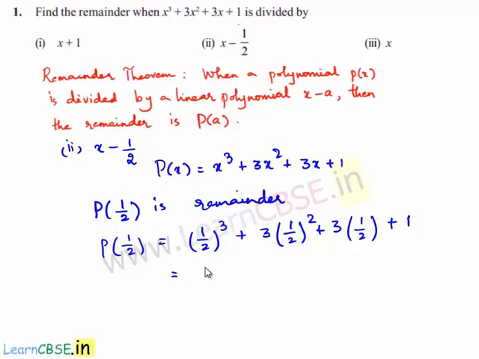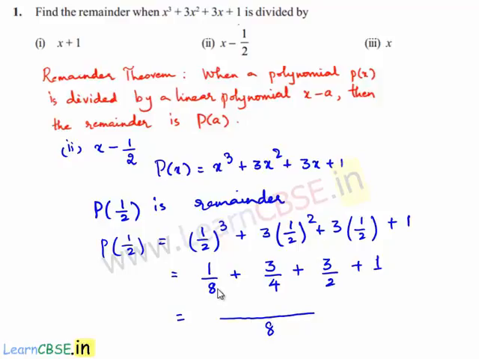This is, 1 by 2 whole cube is 1 by 8, and 3 times of 1 by 2 whole square is 1 by 4, this becomes 3 by 4, and 3 multiplied by 1 by 2 is 3 by 2, plus 1. So in order to add this, let us find the LCM first. 8, 4 and 2, the LCM is 8.